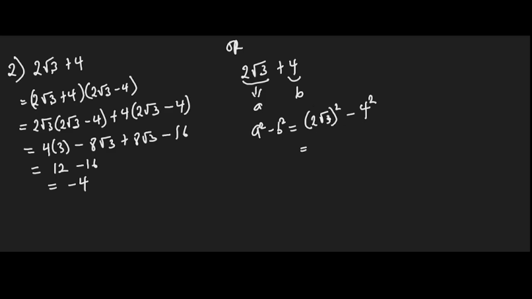By the time we take the square, we have 4 times 3, because 2 squared is 4 and root 3 squared gives us 3, minus 16. We have 4 times 3, 12, minus 16, which still gives us minus 4. You see, we have the same answer. It's either we go through this approach or make use of the other, but this approach is faster, applying difference of two squares and dealing with the conjugate of a binomial surd.